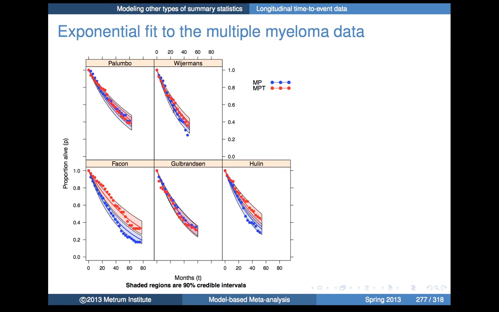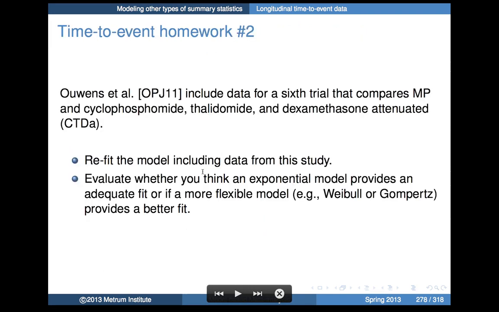If you try to make that plot and aren't able, feel free to post to the course website, and we can work through how to do that. But there does appear to be a little bit of model misspecification here in the Fécond study, and maybe here in the Goldbrenson study, so there's a little bit of room to possibly improve the model.